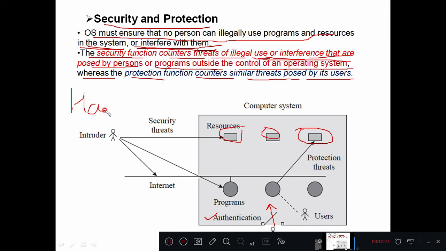Or a hacker, right? As I discussed in case of non-interference, a hacker sitting outside the computer system can even steal the data available in one's computer system when that system is connected to the internet. So the operating system should provide security to protect the data from the inside user and the outside user, right?